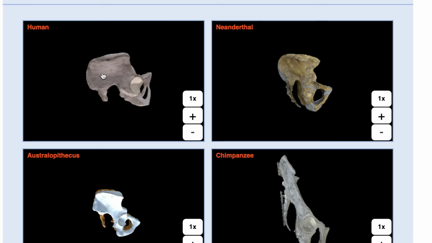One of the things that you might notice is that in modern humans, the hip blade actually comes all the way around to the front of the body. So you can actually touch your hip bones at the front of your body. A chimpanzee would not be able to do that. And what this does is create sort of a bowl formation in your pelvis, and that is very useful for holding up the internal organs while you're standing upright. So again, let's think about how this compares to what we see with Neanderthals and with Australopithecus.